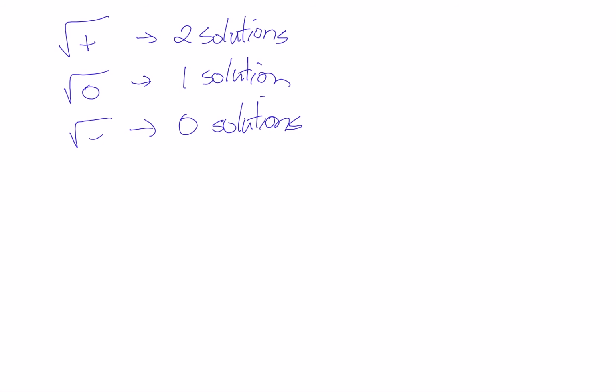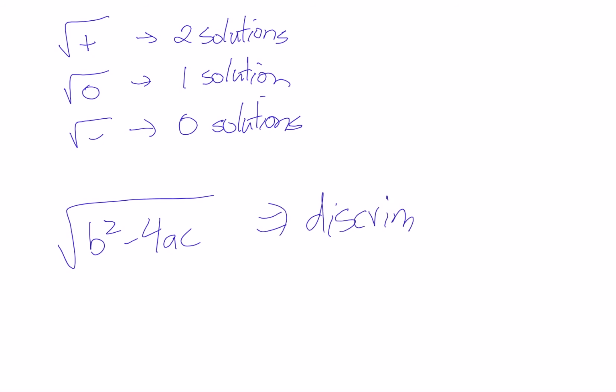The number under the square root, the b squared minus 4ac, we call the discriminant. So all you have to do is figure out what that number is, and once you know that, you can determine how many solutions it has based on whether it's positive, negative, or equal to 0.